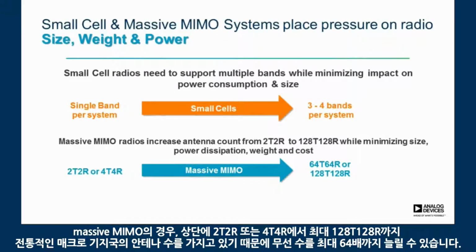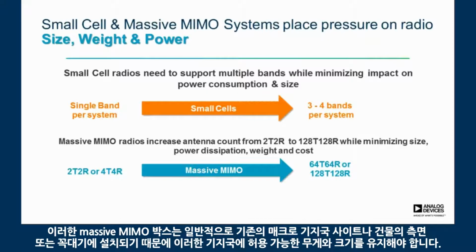And then on the massive MIMO side, these take the traditional macro base station antenna count from 2T2R or 4T4R up to 128T, 128R at the top side. So that's up to a 64x increase in the number of radios. And these massive MIMO boxes will typically be mounted on existing macro base station sites or on the side of buildings or on the top of buildings.